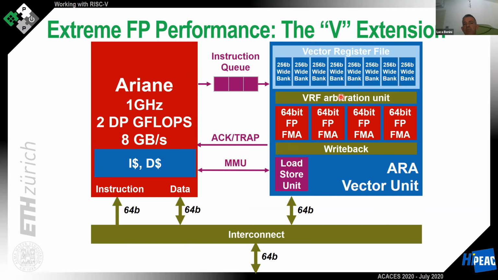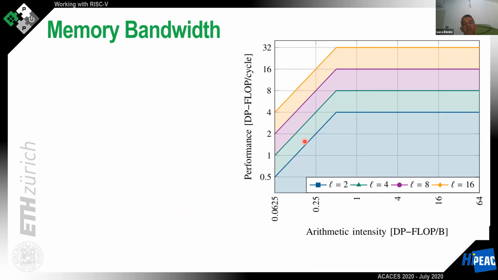And of course, you need memory access to get from your caches the data needed to feed your register file and your units. So you need a load store unit to interact with the vector register file. Remember that when you design a vector unit, now your hunger for data coming from the main memory is much bigger than the hunger for data that you have with the scalar unit.